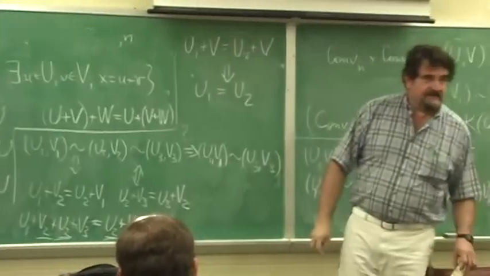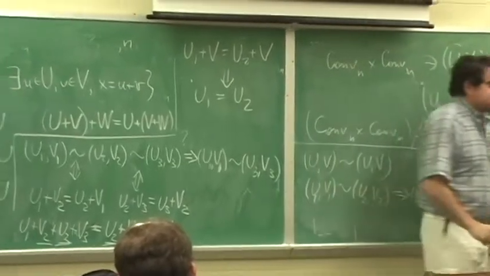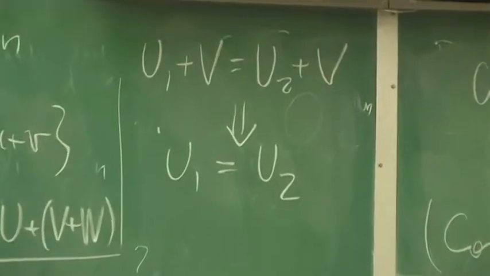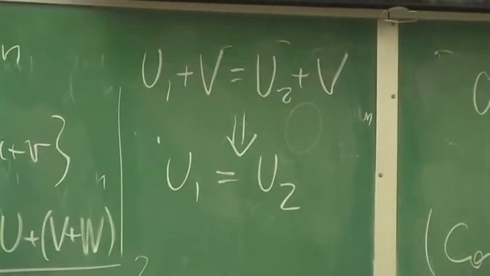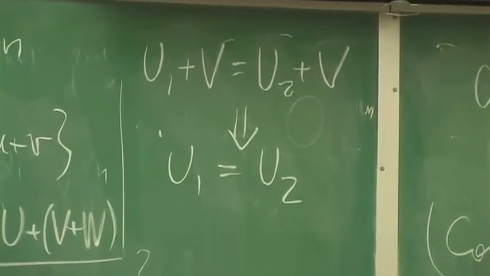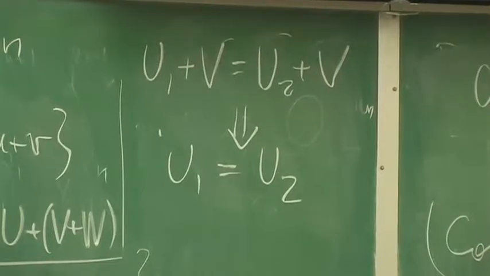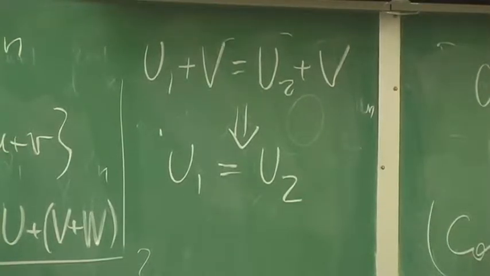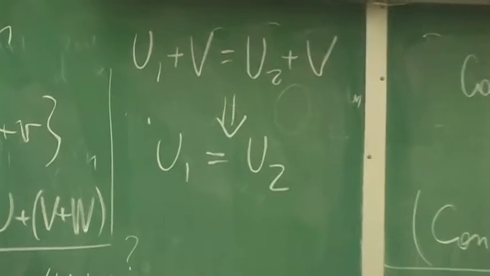It is a cancellation condition, and it has to be verified. And I suggest that we do it at home. So for our set, or our semigroup of convex sets, this condition is indeed satisfied. It is a small lemma. You simply prove it straightforwardly, but you have to prove it.